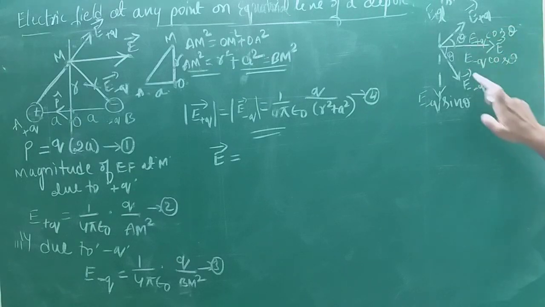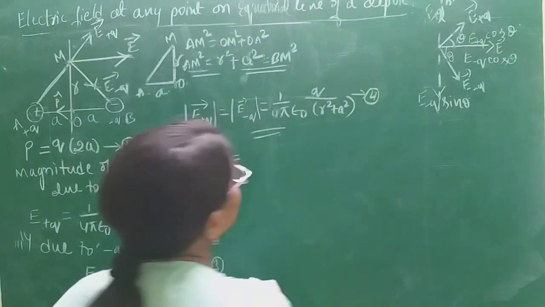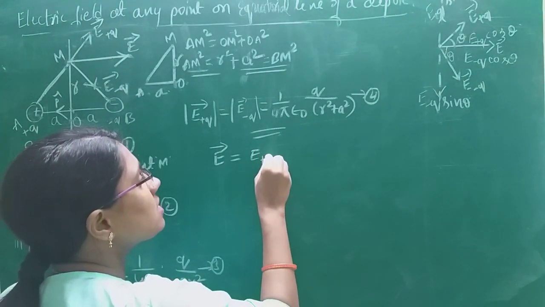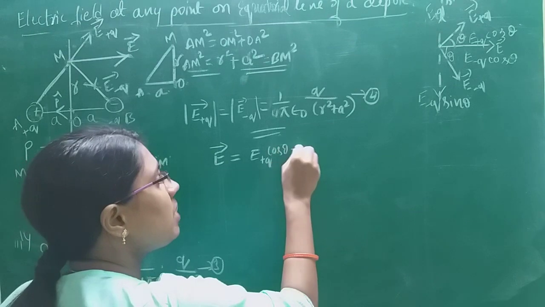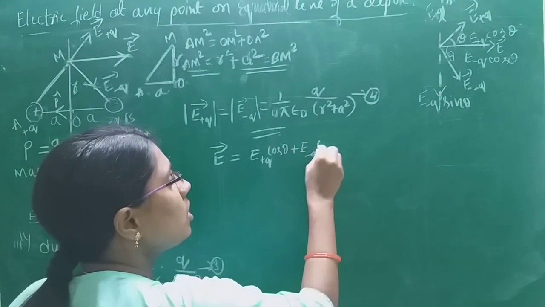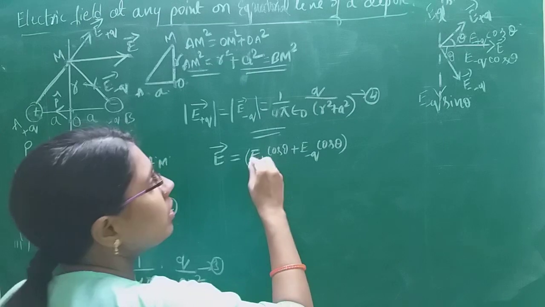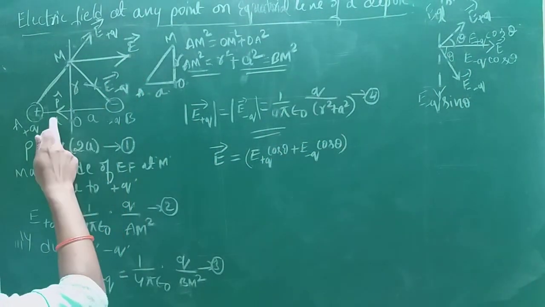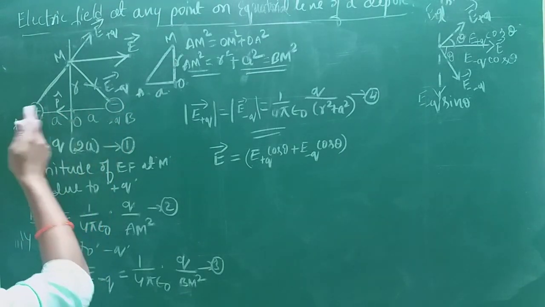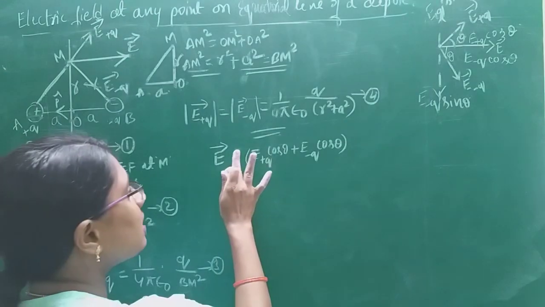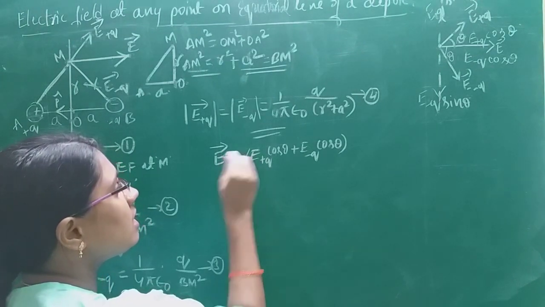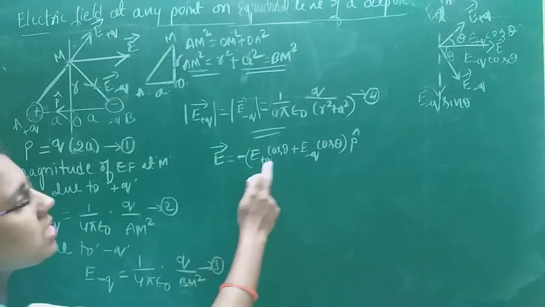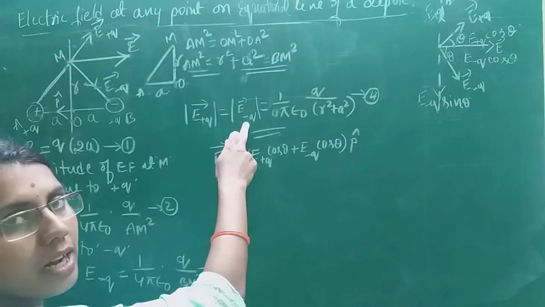So these two are summed up. According to the superposition principle, the total electric field is E plus Q cos theta plus E minus Q cos theta along the direction of vector E, and this vector E is opposite to the direction of the dipole moment, right? In order to represent that opposite, we consider the negative sign, so minus p cap. But E plus Q and E minus Q are equal, right?